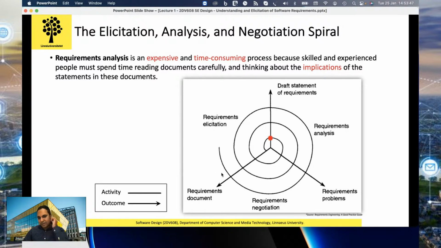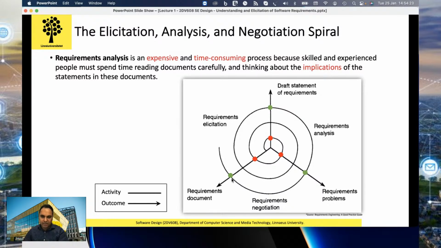In this figure, as you can see, we have 3 critical points, and those critical points are marked in red. In these 3 critical points, we have the most problems and least stable requirements document, and they are closer to the center. But the farther away we go from the center, we get fewer problems and a more stable requirements document.